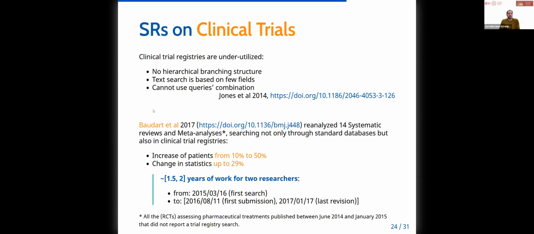And after slightly less than 2 years of work, they found that this is a very relevant problem, because including records from registries also brings an additional amount of patients that spans from 10% to 50%, and a change in statistics of up to 29%.